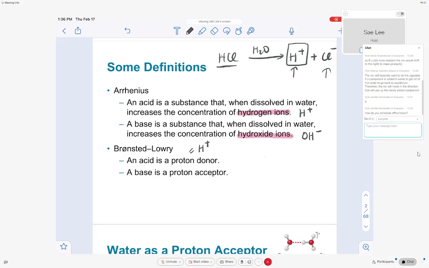From now on, if it's hydrogen ion, I'm just going to say proton. According to them, any substance that donates the proton is considered an acid. Any substance that receives a proton is considered a base.